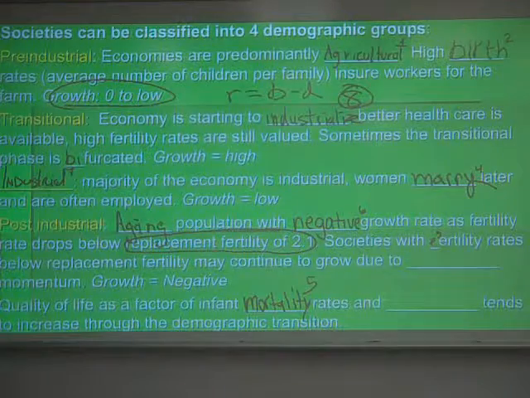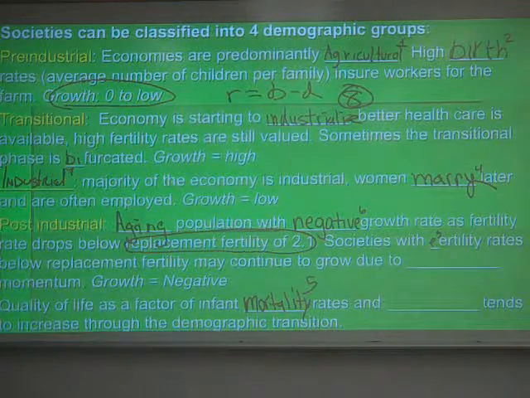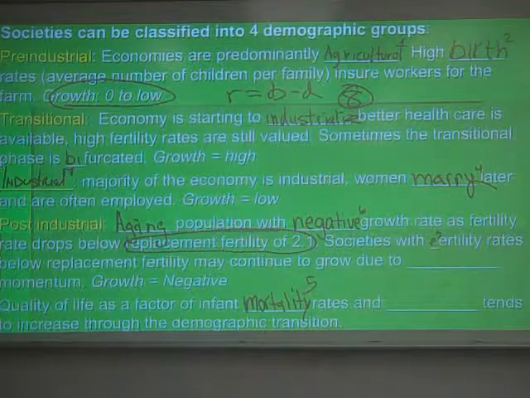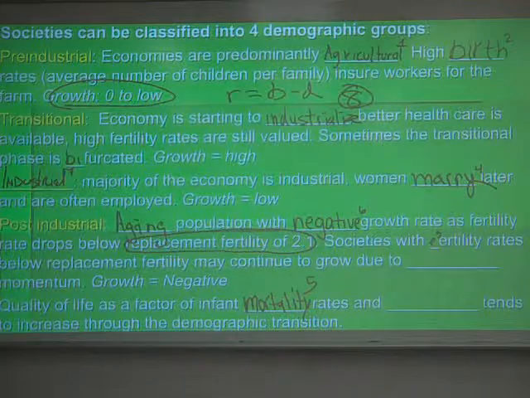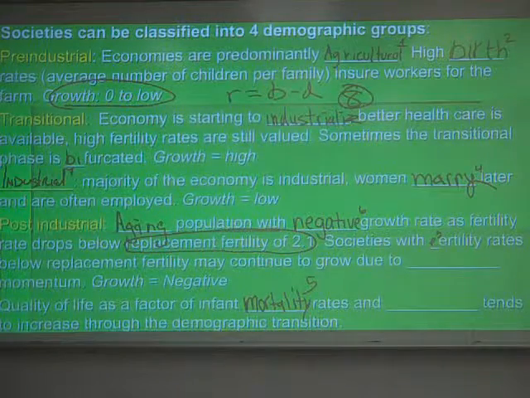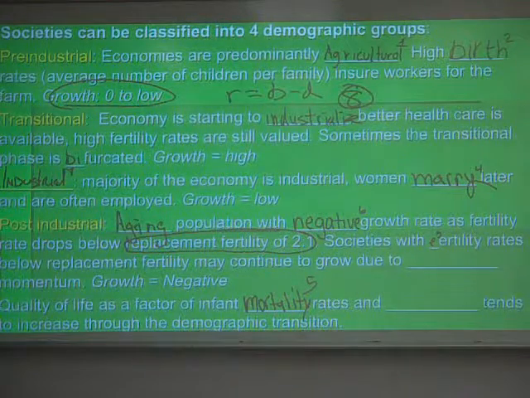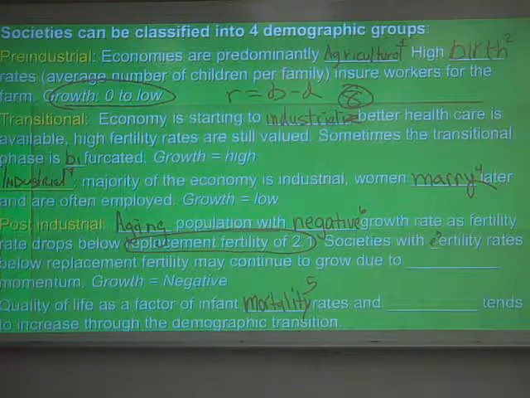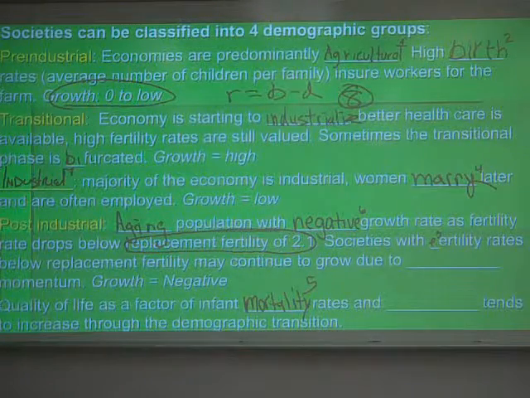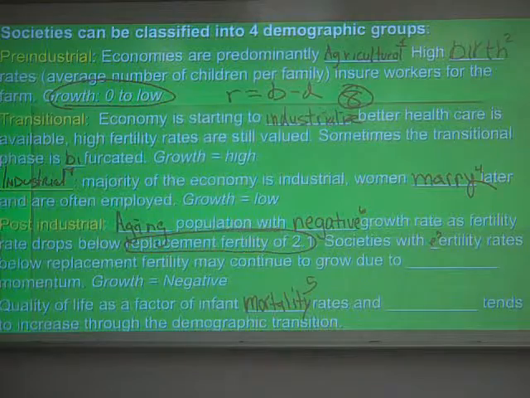Think of it this way: 2 parents, 2 children. Parents die, children go along, they have 2 children. They die, children go along, they have 2 children. They die, what will be the population growth rate? 0. Okay?